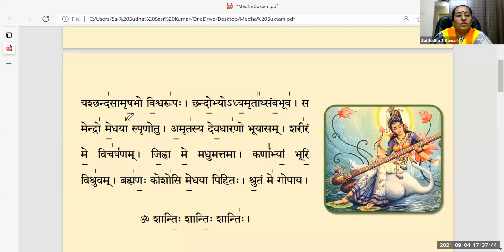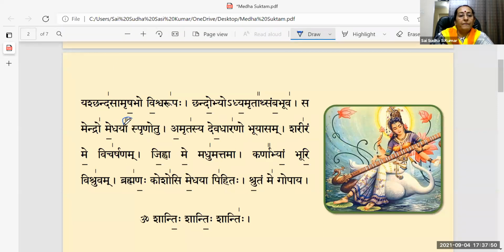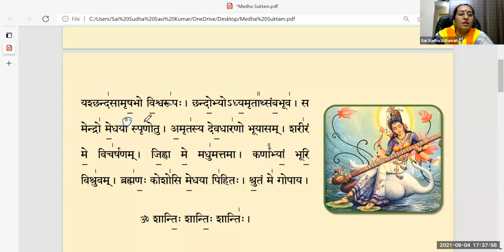The Dirgha Swarita has to be pronounced properly. So when we chant, it should be Samendro Medhaya Sprunotu. There should be no sing-song way.